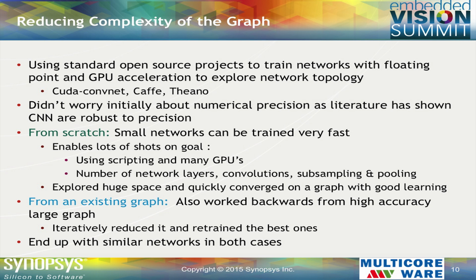The other approach that was used is, since there already was an existing graph performing well, but a big one, it was iteratively reduced by retaining the best candidate each time. And in the end, both approaches yielded similar graphs with similar detection rates.